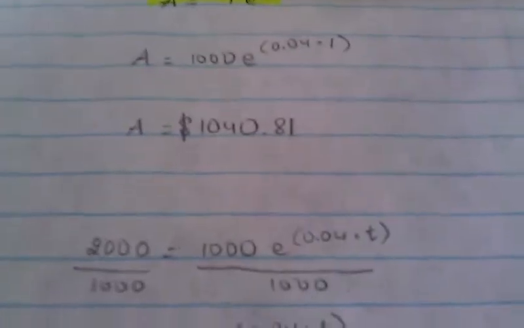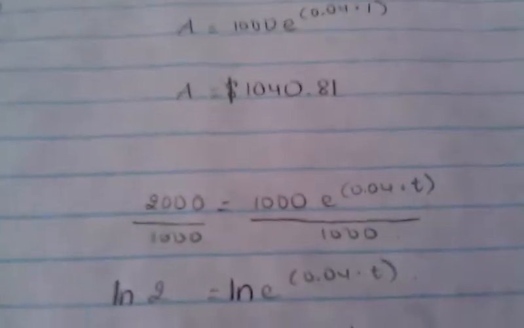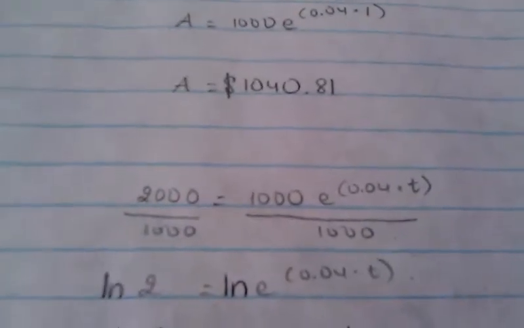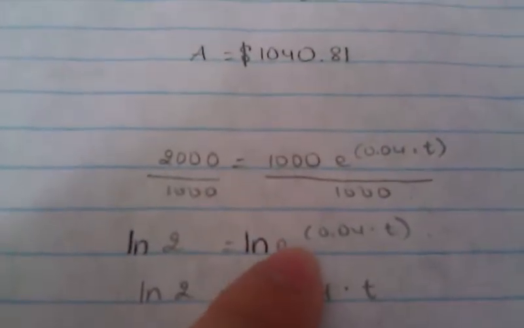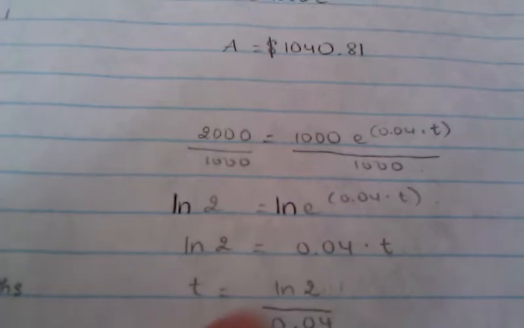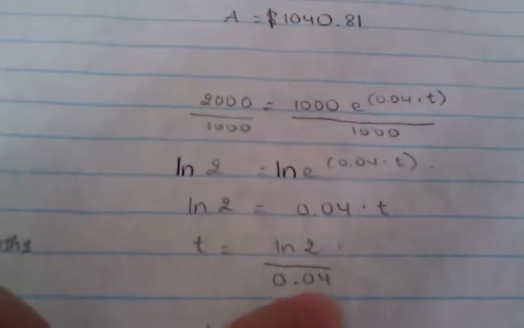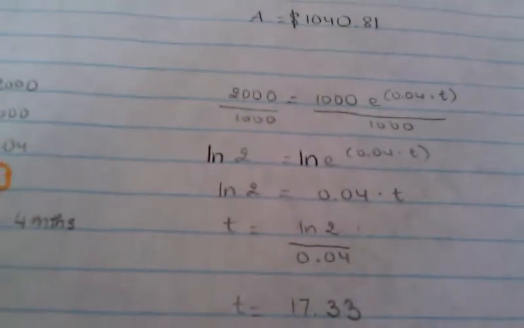So we will use this formula. We plug in everything, divide by 1,000 on both sides, and then take the natural log of both sides. Remember, you need to do both sides, and then this will cancel out. I am left with 0.04 times t equals natural log of 2, and then I divide by 0.04 on both sides and get t equals 17.33.